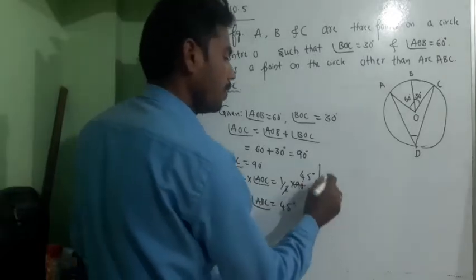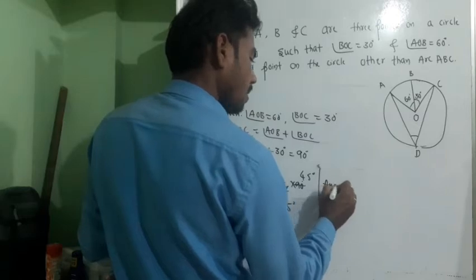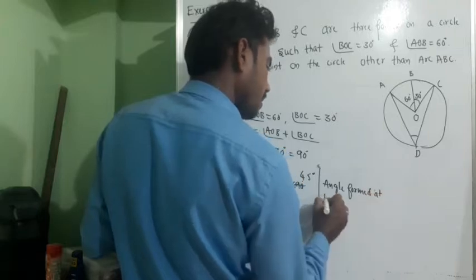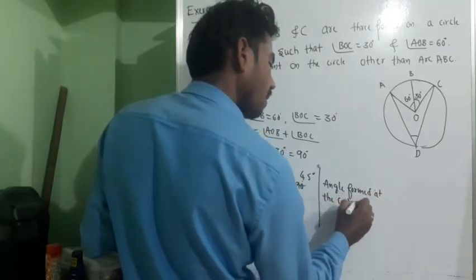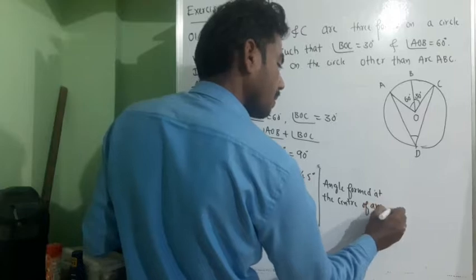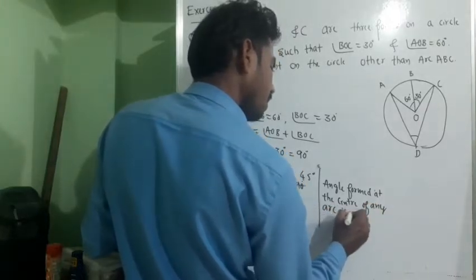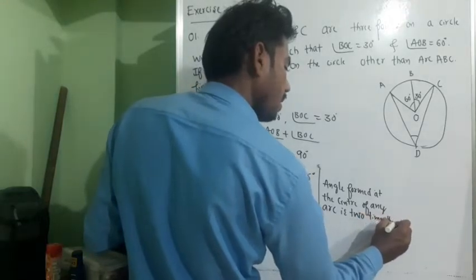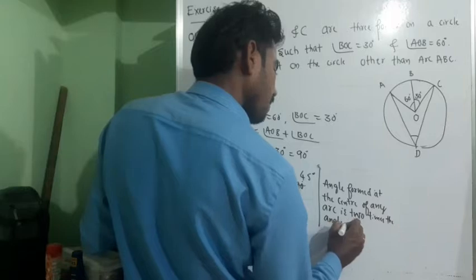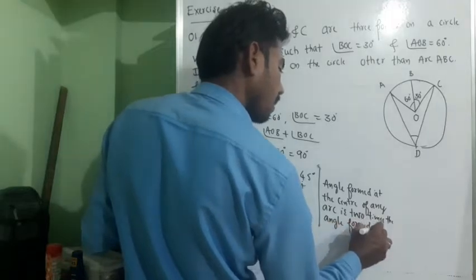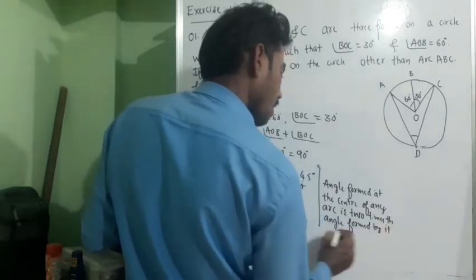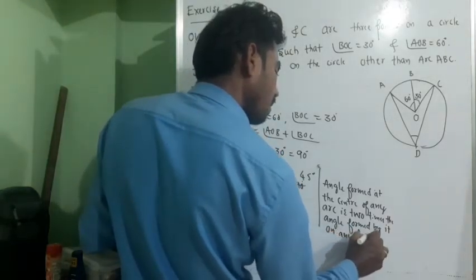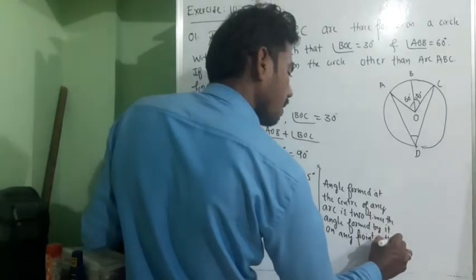What reason are you going to give? Angle formed at the center of any arc is 2 times the angle formed by it on any point on the circle.